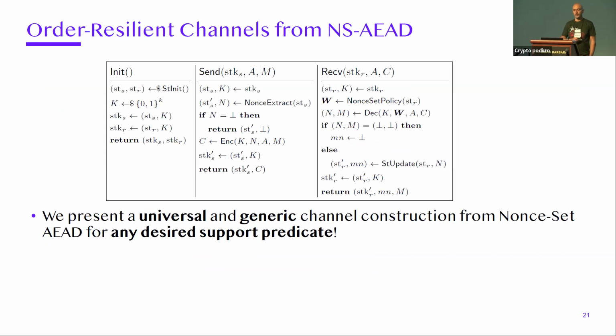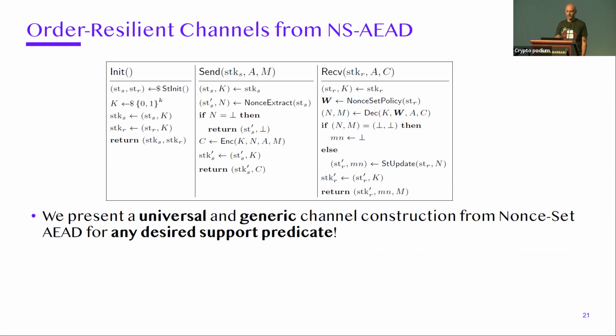So our main contribution here is the following generic transform for building an order resilient channel from any Nonset AEAD. And this construction is generic and universal in the sense that we can construct a channel with any desired functionality that we require.